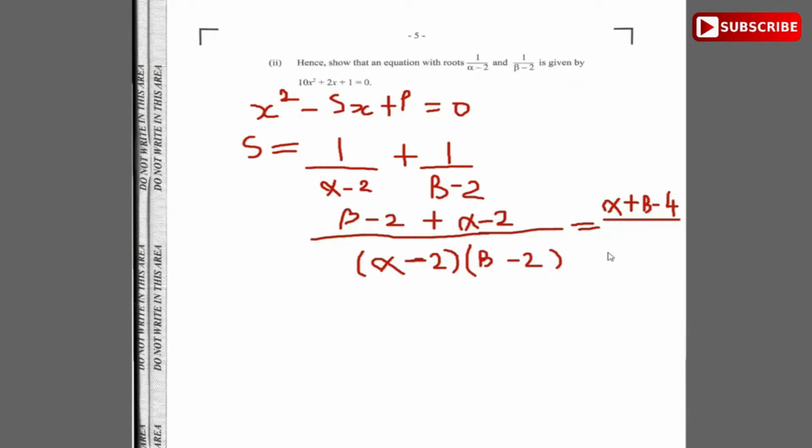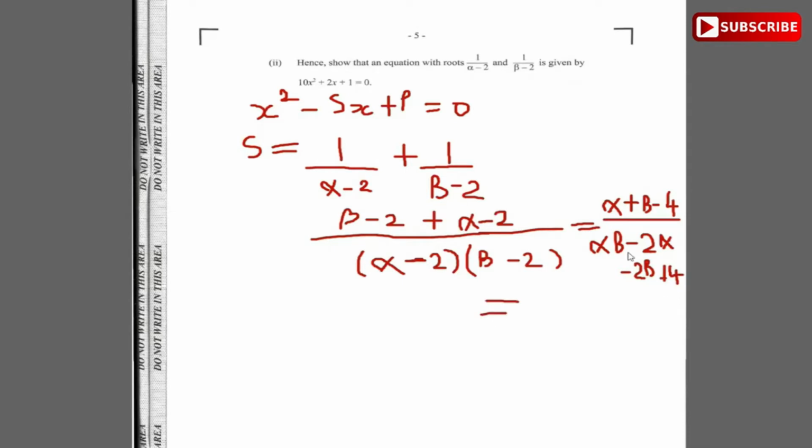So in the denominator, it's alpha beta minus 2 alpha minus 2 beta plus 4. Let's go ahead and evaluate.